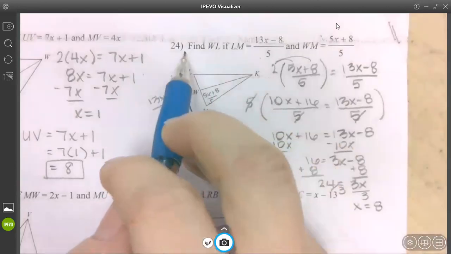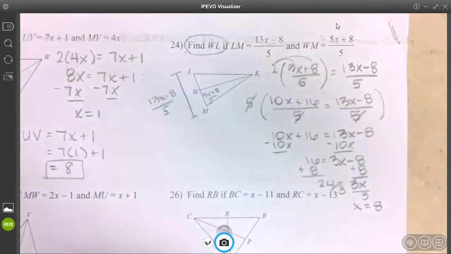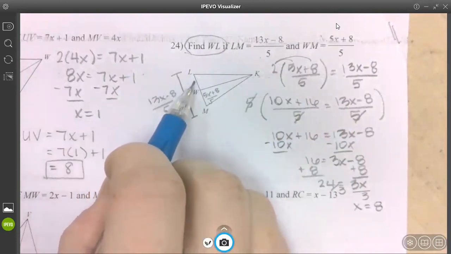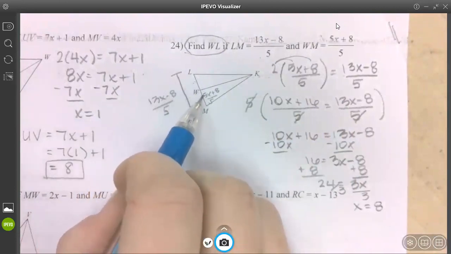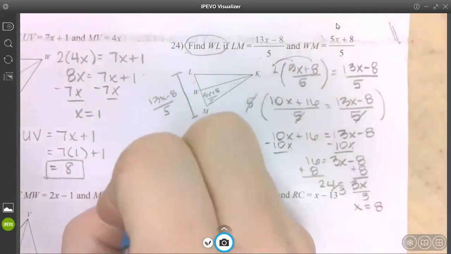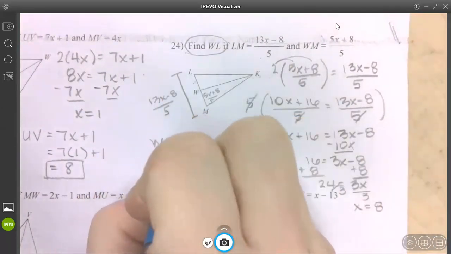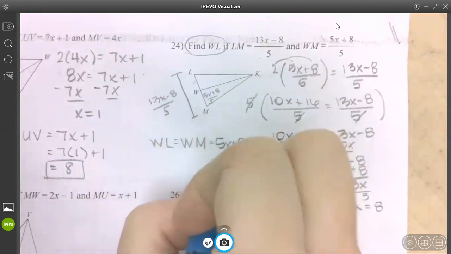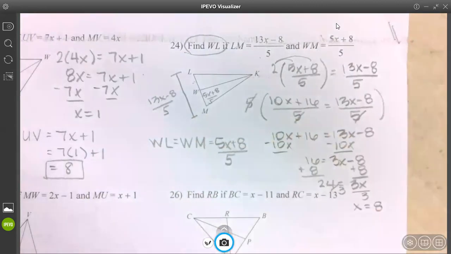It didn't ask for x. It asked for WL. We don't have a measure for WL, but remember WL is the exact same as WM. So WL is the same as WM, which was 5x plus 8 over 5.